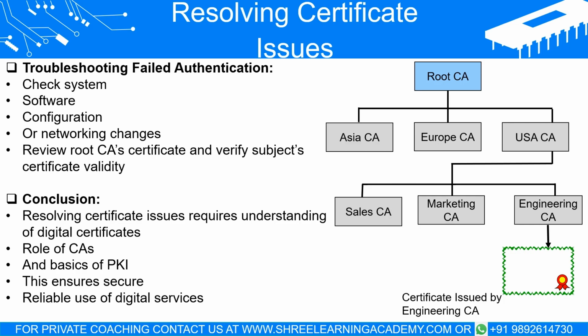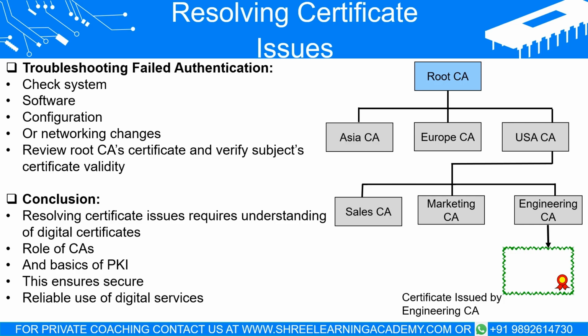In conclusion, resolving certificate issues can seem like a daunting task, but with an understanding of digital certificates, the role of CAs, and the basics of PKI, it becomes significantly manageable. Remember, each certificate issue is like a door that won't open. Find the right key, ensure the lock works, and keep the doorway open, restoring the flow of information and maintaining the secure, reliable use of digital services.